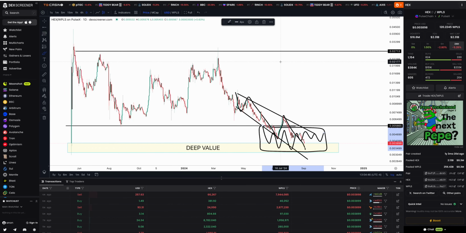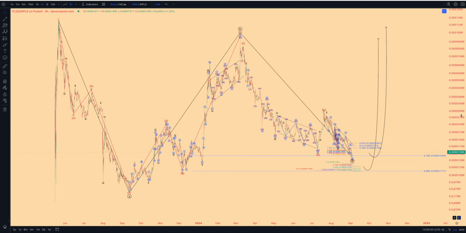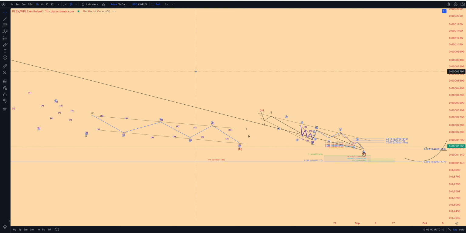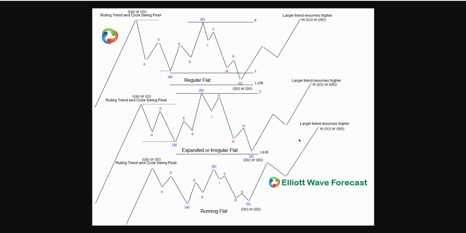Okay, so this is Hex on PulseChain, bullish, or it's very oversold, I should say. This is wrapped pulse, or sorry, PLS, and it's printing a bullish descending broadening wedge. This is PulseX. Every single wave has been mapped out all the way down to the 2 hour time frame, and we're just doing this pattern, right?